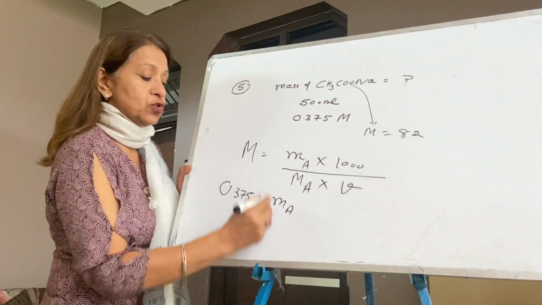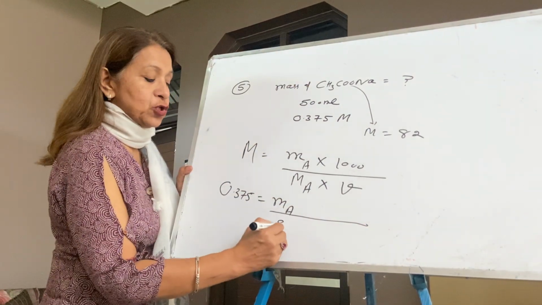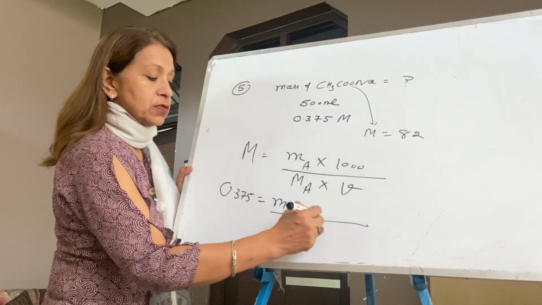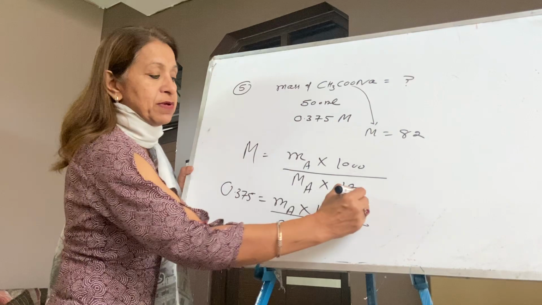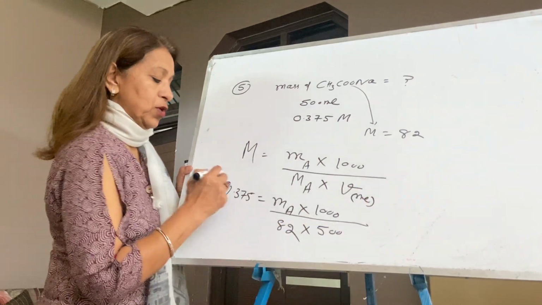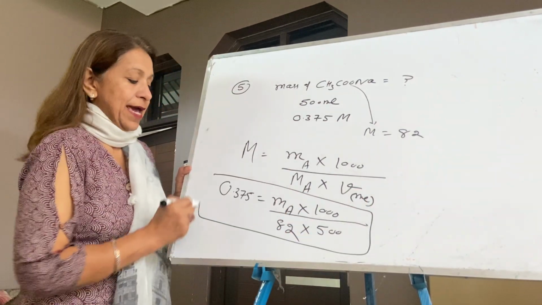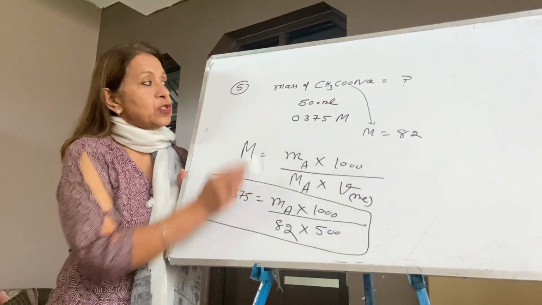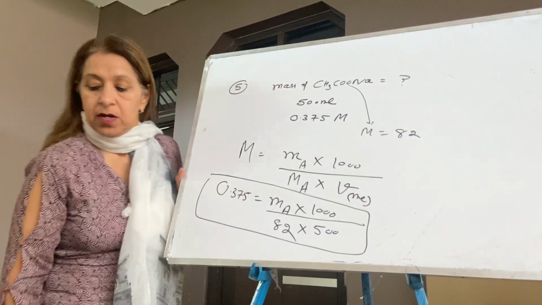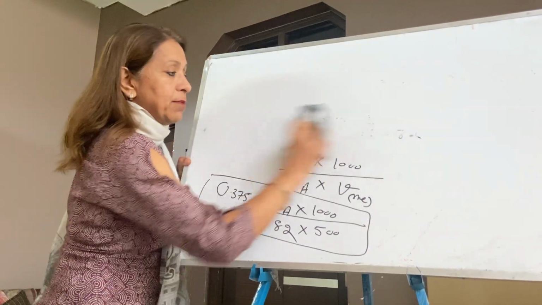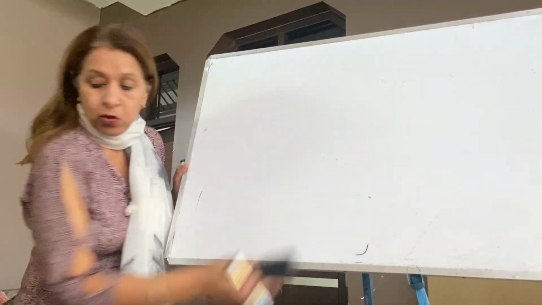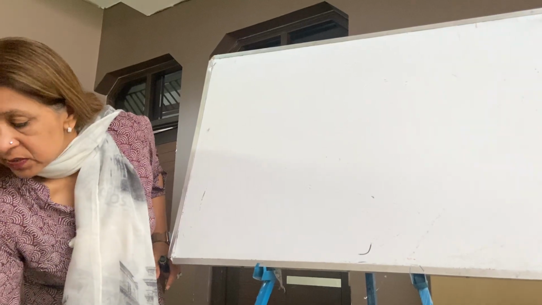Capital M is given, 82, into 1000, and the volume is 500 ml. Volume must be in ml. So you put this in and calculate small m. This is your numerical number 5. Next numerical, same topic. Now numerical number 6.